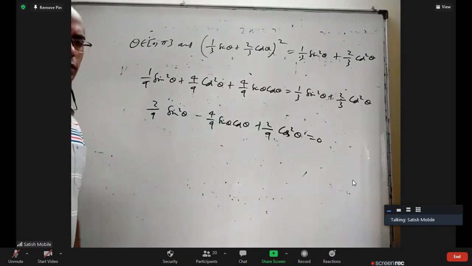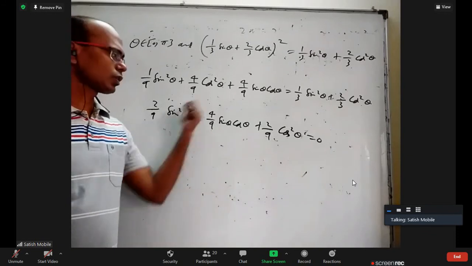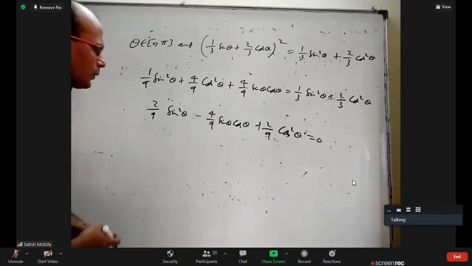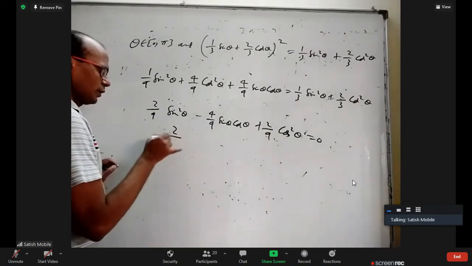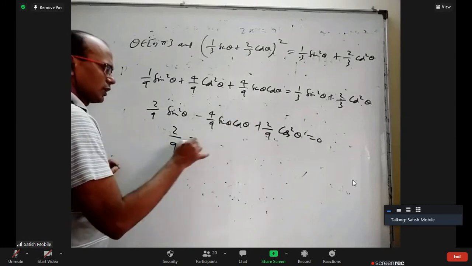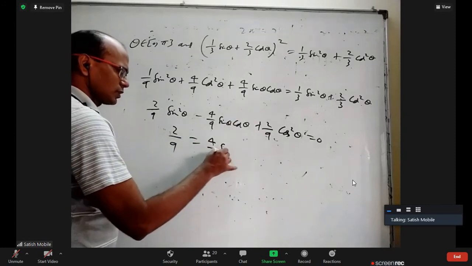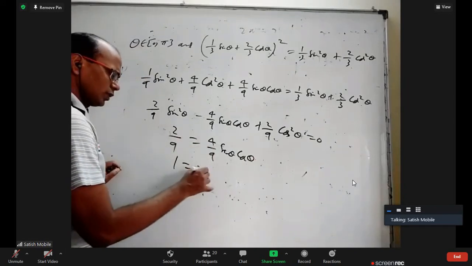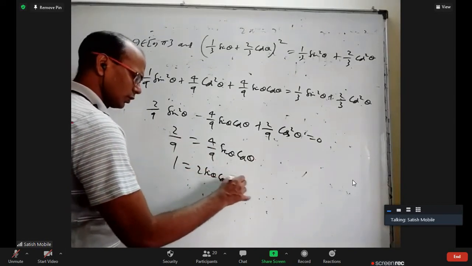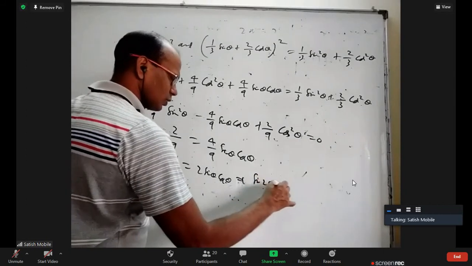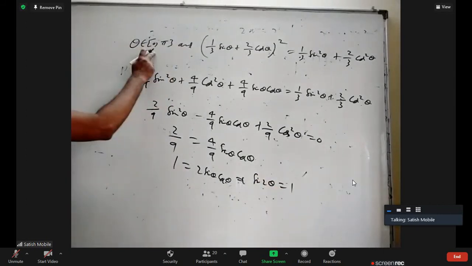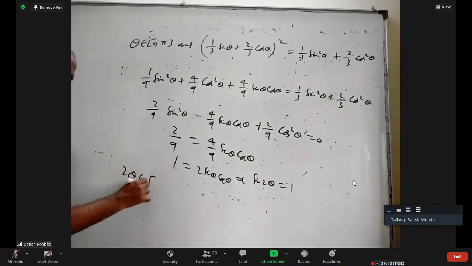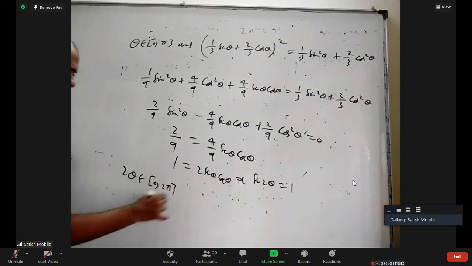Even if not, I would have divided with cos square theta and got a quadratic equation in terms of tan. But still, this is 2 by 9. This will go to that side as 4 by 9 sine theta cos theta. When I cancel 2 by 9, I'll get 1 equal to 2 sine theta cos theta, which is sine 2 theta equal to 1. If theta is between 0 to pi, 2 theta belongs to the closed interval 0 to 2 pi.